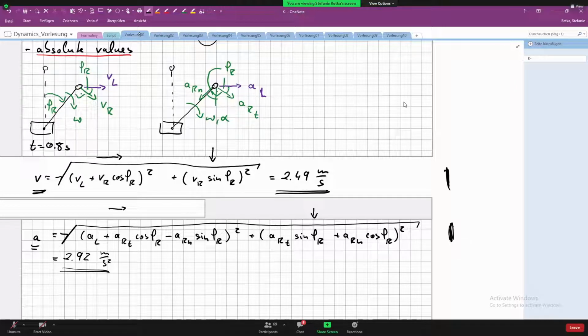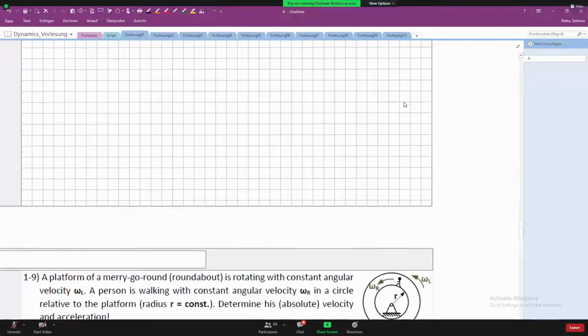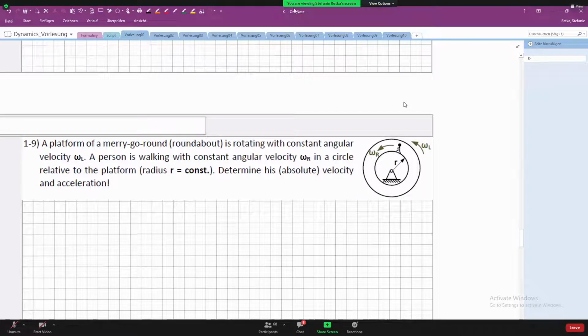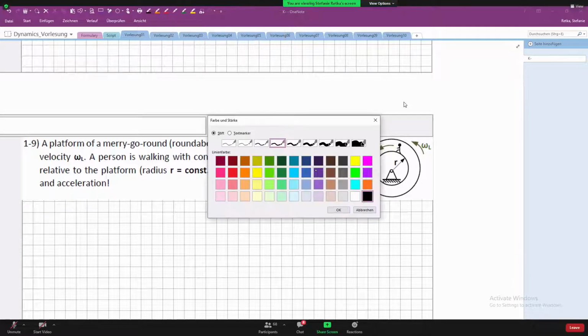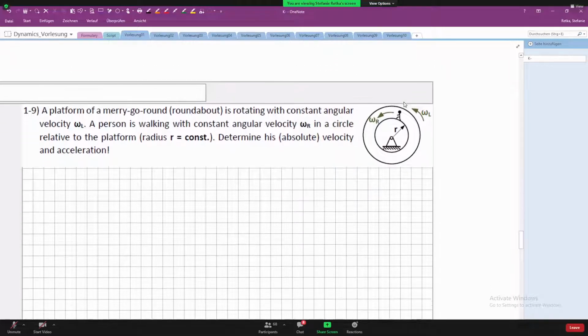Okay, let's do another example. Exercise 1.9. So there it is. We have a platform that rotates, and here again, it's described in the text and it's drawn in the figure as well.